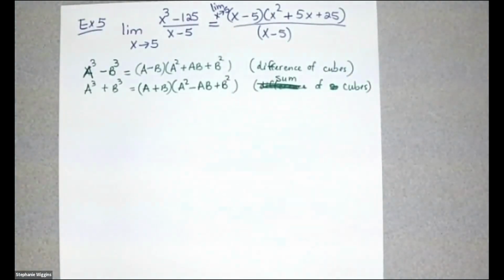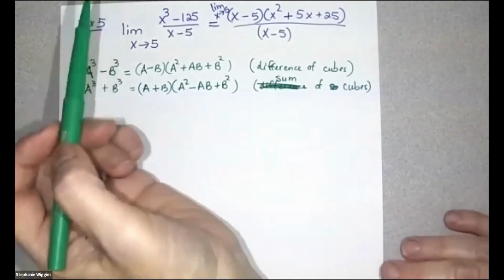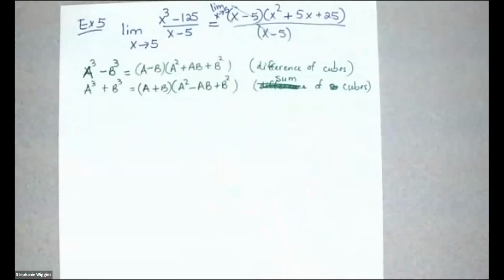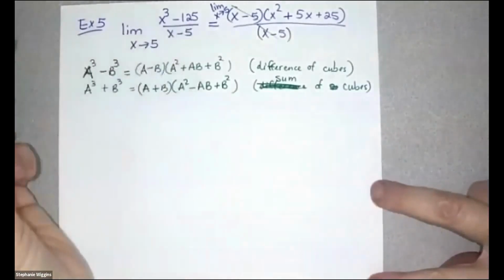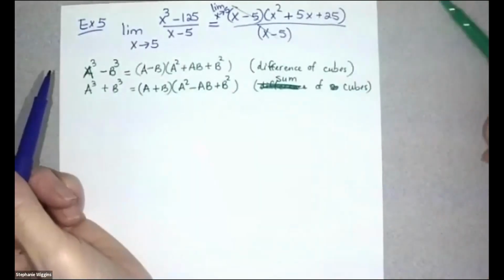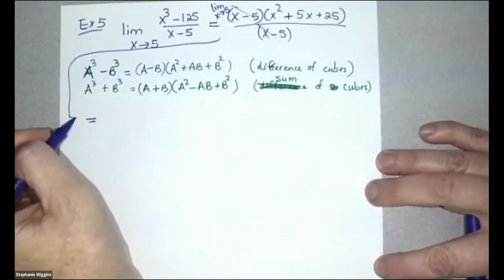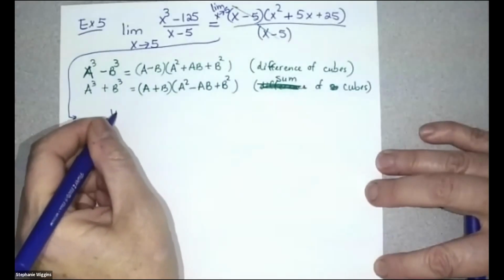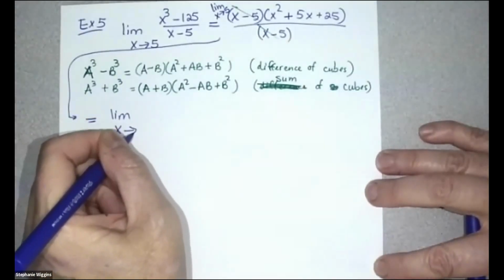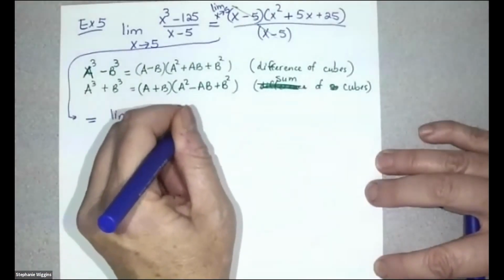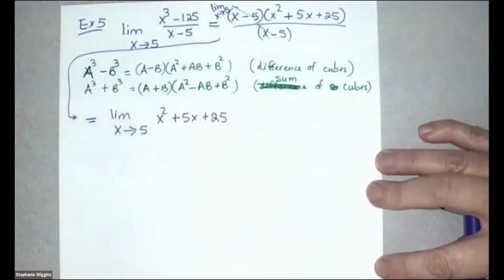Okay, but the point is, when I plugged in 5, I got 0 over 0. I know that I'm going to have terms that can factor or reduce, simplify to 1. So those cancel out. And now we get the limit as x approaches 5 of x squared plus 5x plus 25.